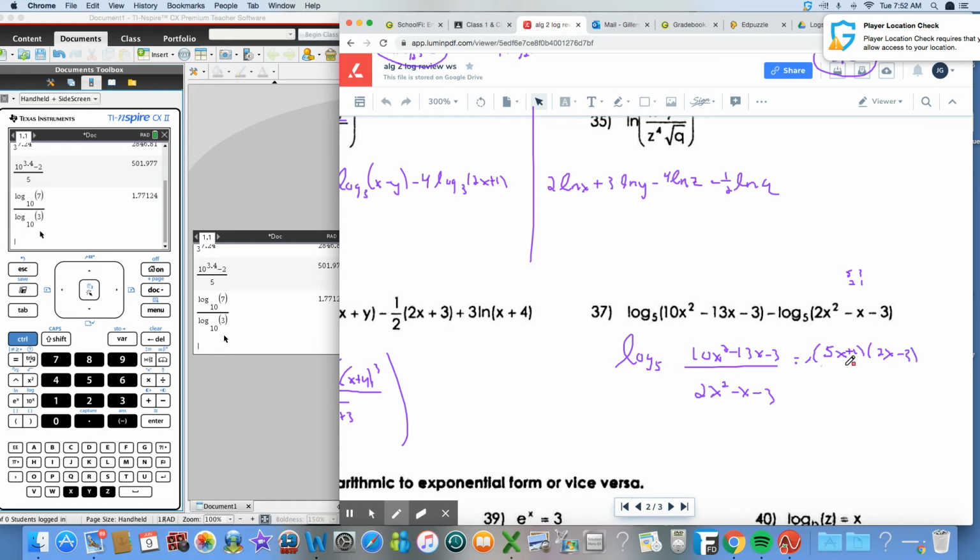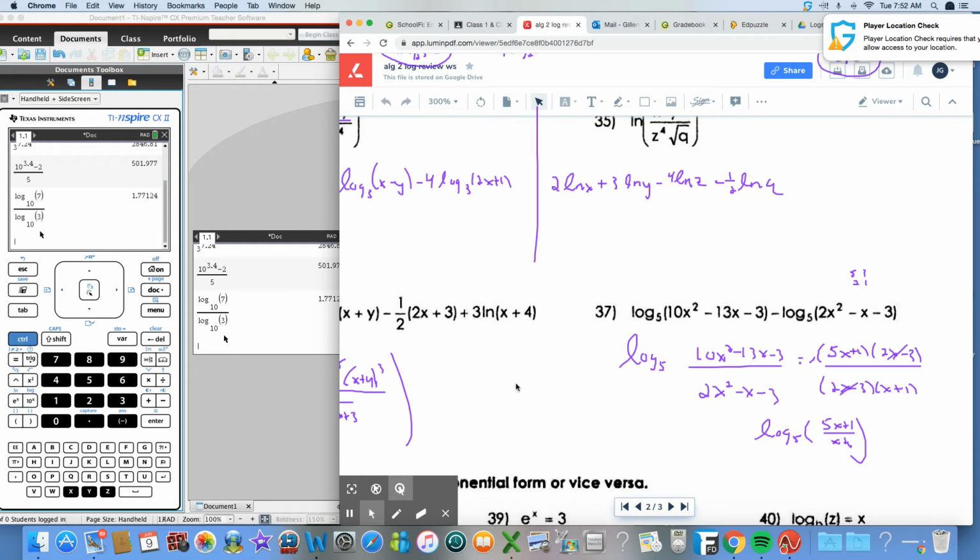This factors to 2x minus 3 and x plus 1. All right, the 2x minus 3's cancel, and you're left with log base 5 of 5x plus 1 over x plus 1. All right, so just add a little algebra in there, but this is just knowing that you have to write from there to there is just fine.